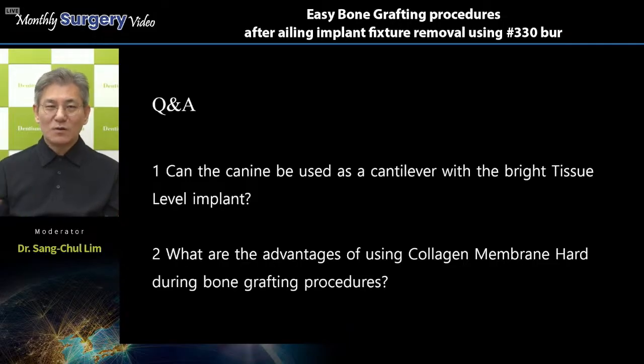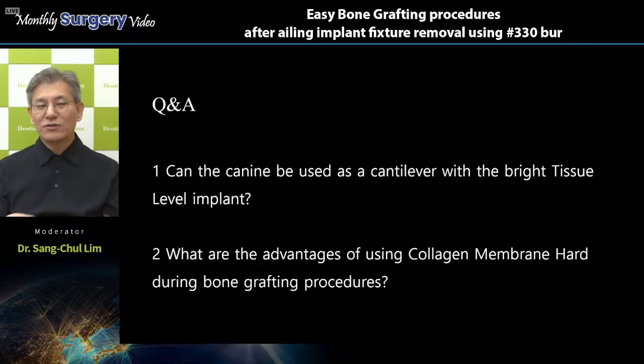However, there are four main sources: autogenous, xenograft, allograft, and alloplastic. Once again, autogenous, allograft, xenograft, alloplastic material, right? And about the membrane, there are non-resorbable and resorbable membranes. Nowadays, the resorbable collagen membrane is prevalent, as you know.